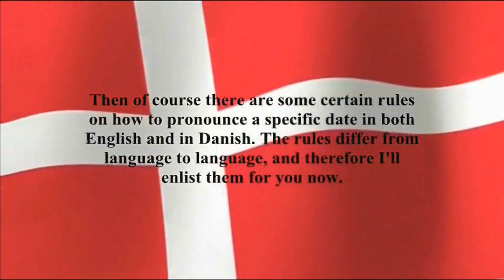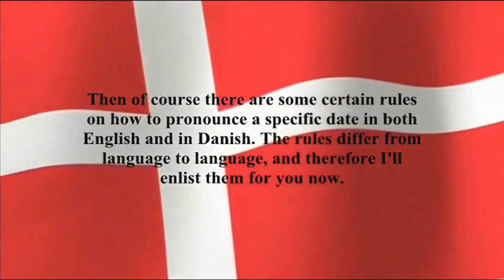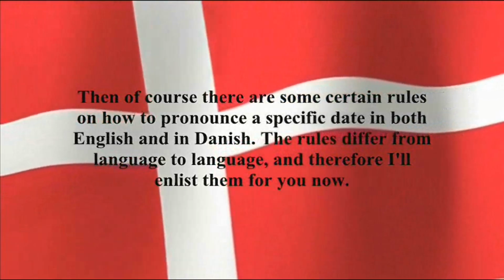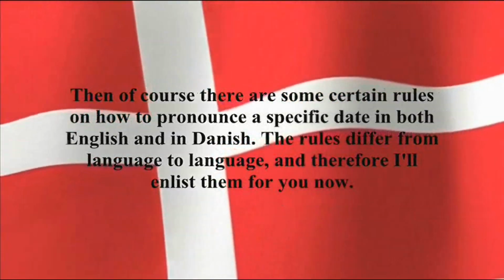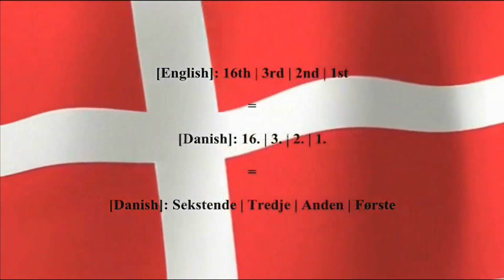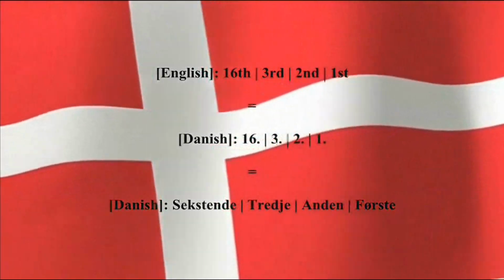Then of course, there are some certain rules on how to pronounce a specific date in both English and in Danish. The rules differ from language to language, and therefore I'll list them for you now. In English, when you write down a date number, you always add a suffix behind the number.